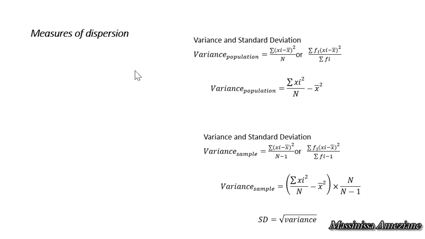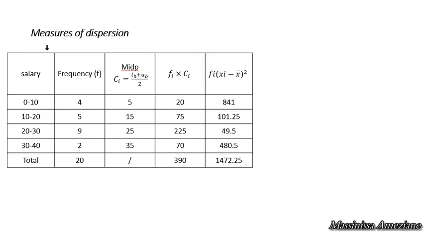Now let's apply all this on a dataset. So let's say we have this data. To find the standard deviation, the first thing to do is to find the midpoint of our classes. Once we have the midpoint, we need to find the mean.